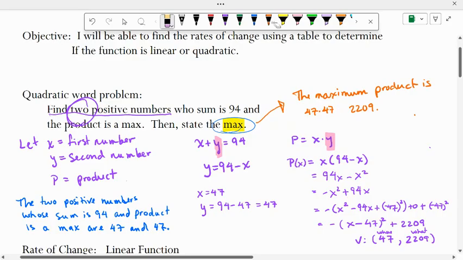So technically I don't need that, I can just have the 2209. Hopefully that helps with the trying to find from word problem to quadratic to max or min.